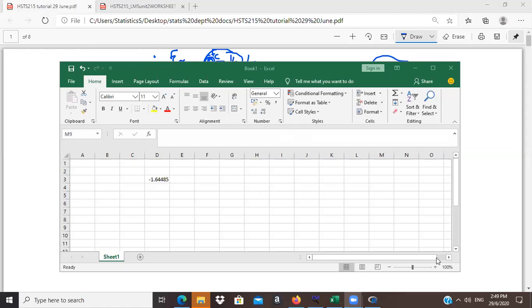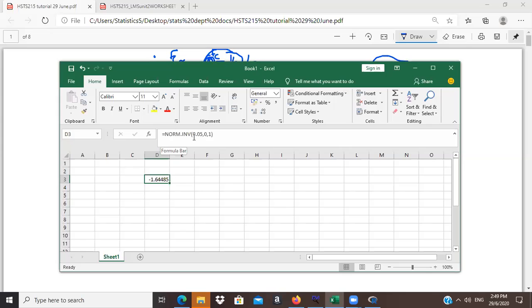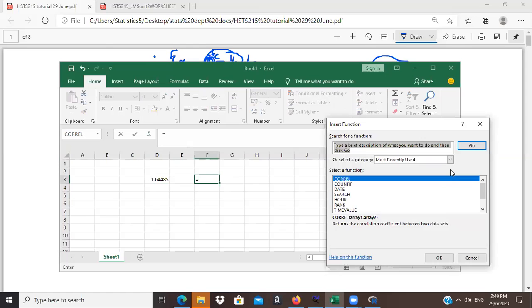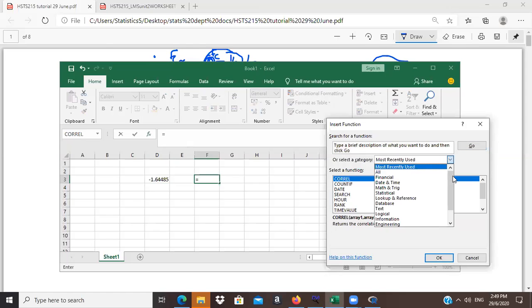Excel. Yes. Okay. So with Excel, if you look here, the function we use is the normal inverse. Where do you get this? You type equal to, and then you click on this function there, you can get all my functions, they are statistical.